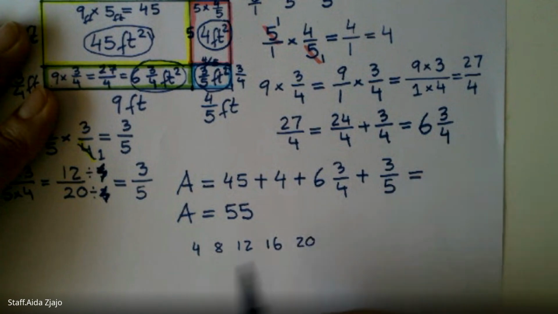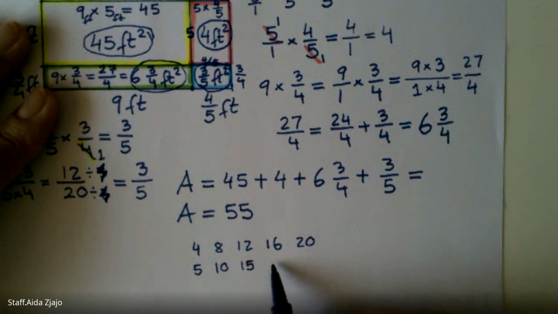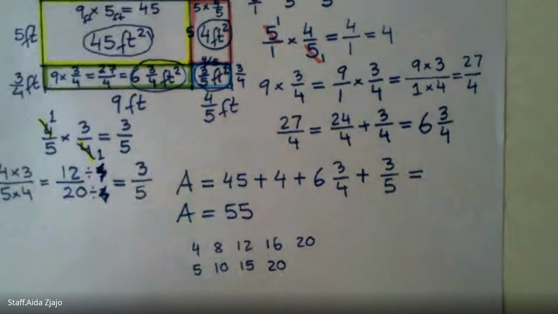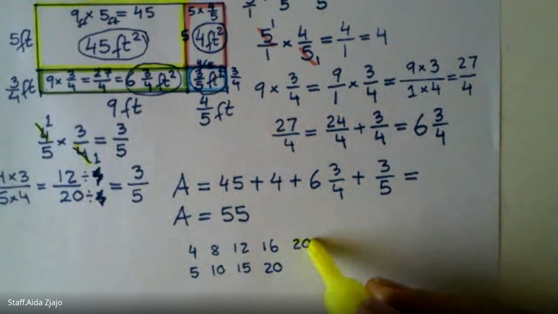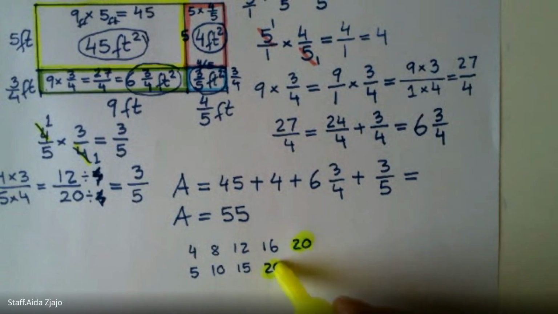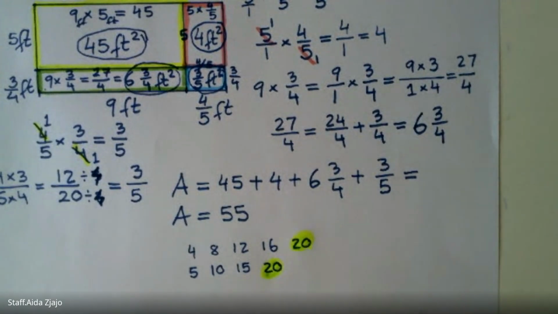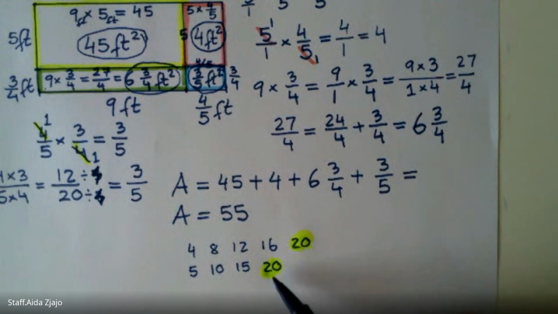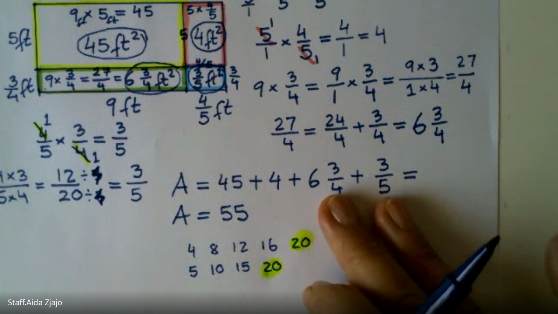And then I can skip count by 5: 5, 10, 15, 20. Now, when I skip count, I can find their least common multiple, and that is 20. So what that tells you is that I have to change the fourths and the fifths into 20ths. Then I can add these two fractions.